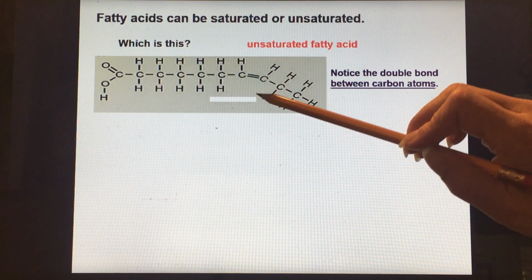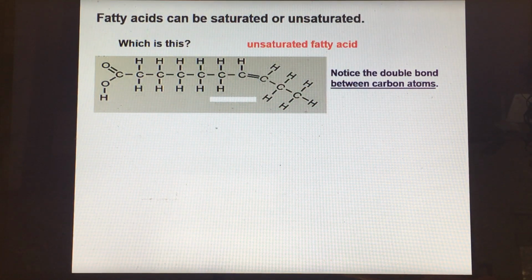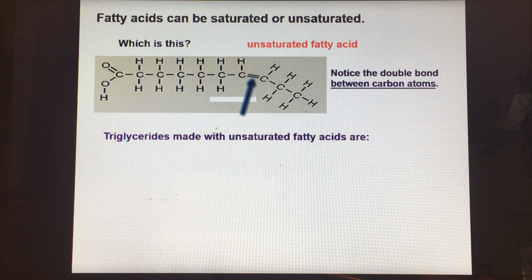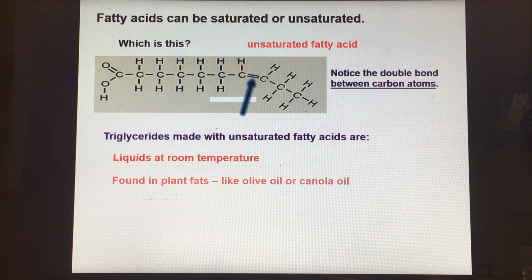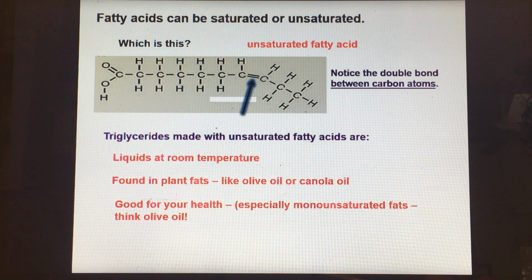Sometimes they'll put one of the hydrogens on the opposite side and make it straight, but usually they're drawn with a bent shape. And triglycerides made with unsaturated fatty acids are liquids at room temperature. They're found in plant fats like olive oil or canola oil. And they tend to be good for your health in small amounts, particularly the monounsaturated fats found in extra virgin olive oil. But again, we still want to keep this to a low amount in our diet.